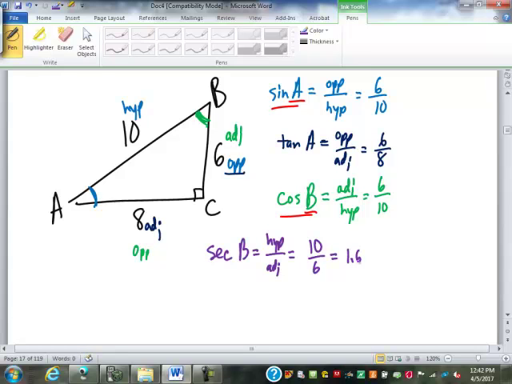So 1.67 is that secant. Find the cotangent of angle A. Cotangent's adjacent over opposite. Perfect. Adjacent over opposite would be 8 over 6, or 1.33.